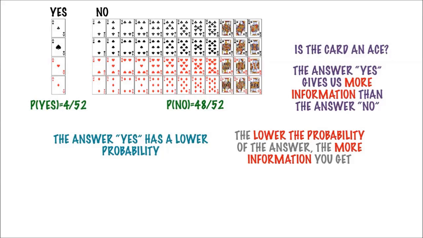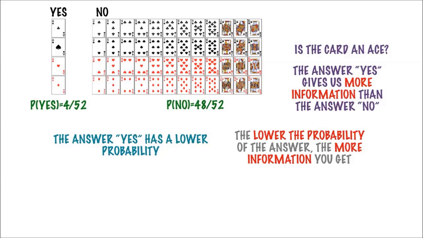The answer which is less likely to occur, the answer yes, to the question "is the card an ace," is more interesting and has more information for our particular game. It helps us guess more easily which particular card the opponent is holding.